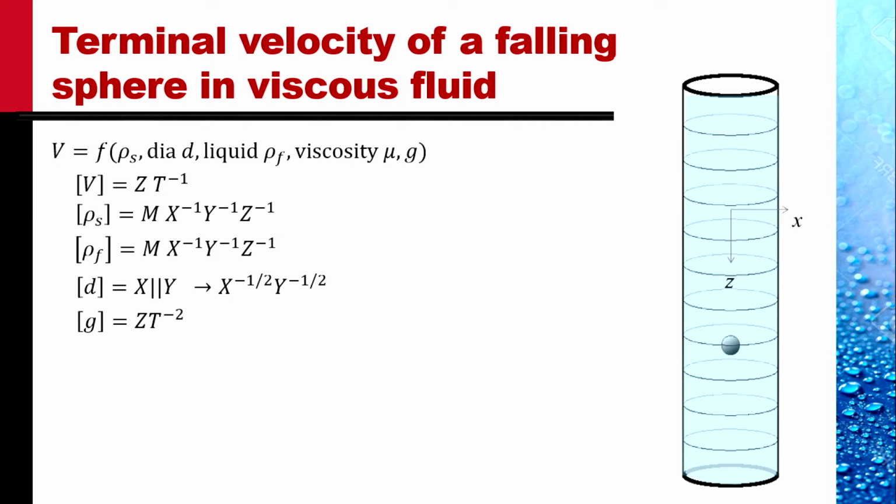In terms of x, y and z coordinates, the velocity v has a dimension of z t raised to minus 1. The density rho s of the solid has the dimensions of mass per unit volume, and the volume is like x, y, z.